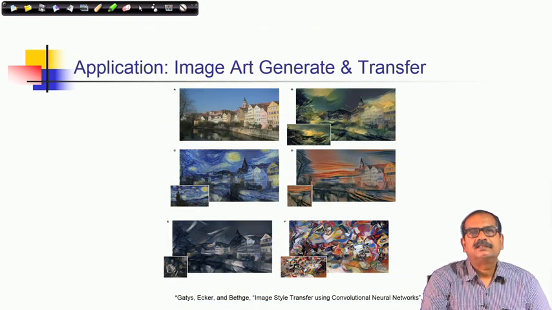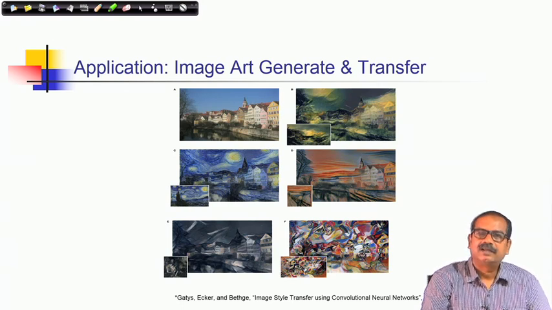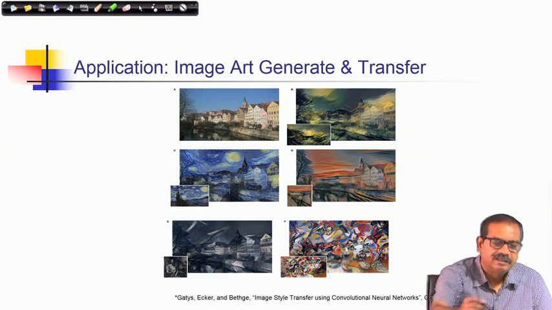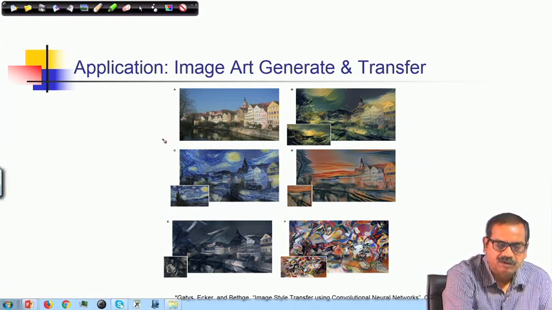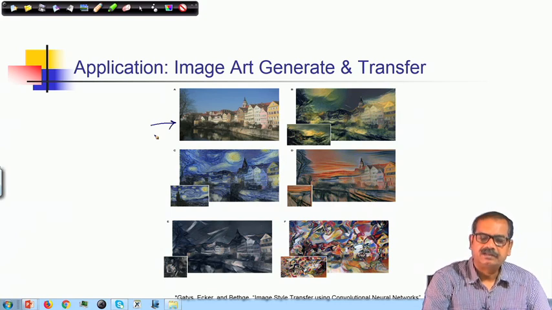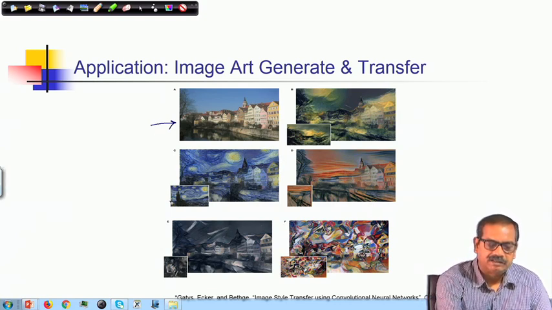Image art generation and transfer. This is also another very interesting application. In fact, using deep neural architecture, you can synthesize images, you can render images. And here in particular, you can see that there is a photograph. So, this is the original photograph which is taken by a camera, and you consider the style of painters. Say this is a Van Gogh painting, and I think this is Starry Night, or that is the name.